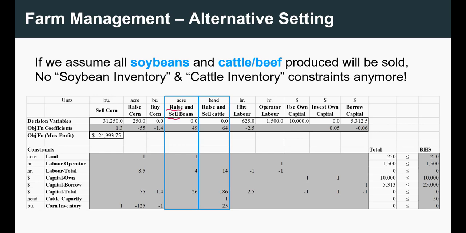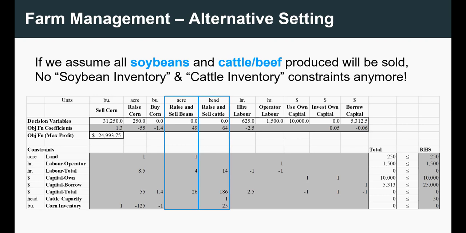So we're not keeping some of the quantities for other uses. Whatever is raised, it's sold. And same thing for the beef. Whatever beef is produced from raising cattle, we sell it because we don't get value from other uses, at least in this example.